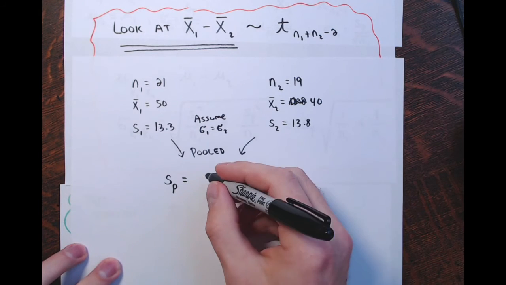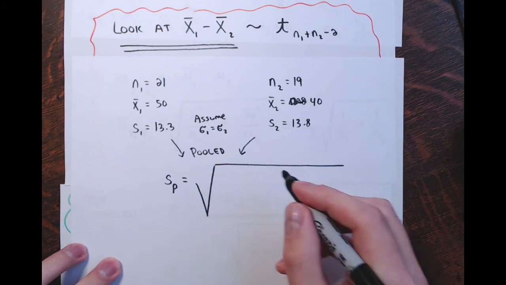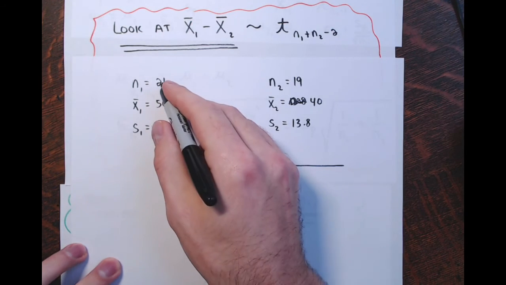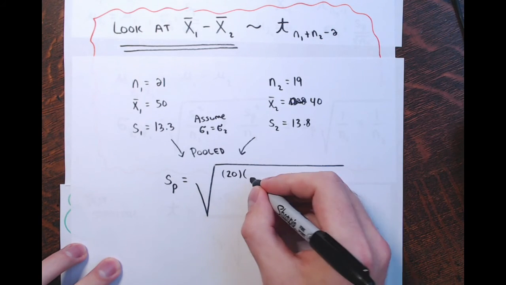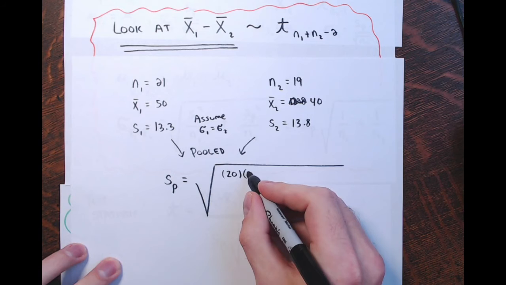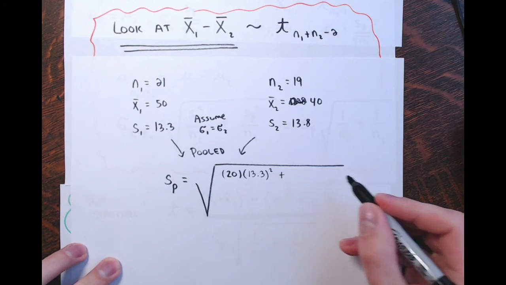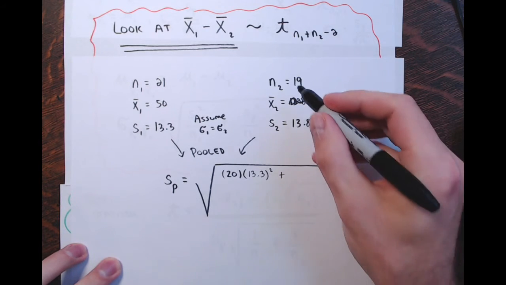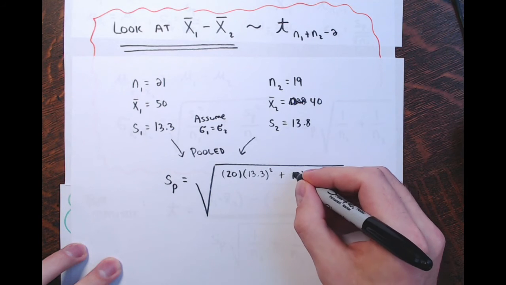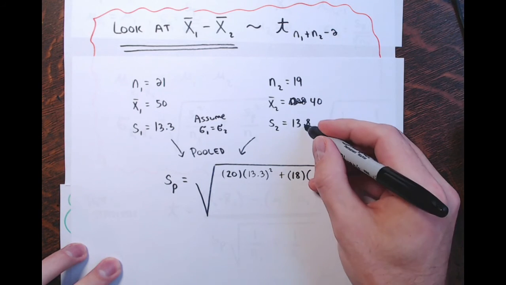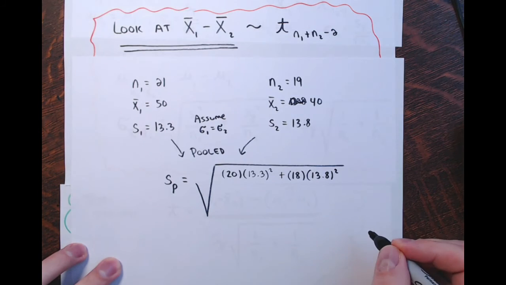Remember, this is the big square root of n1 minus 1, so 20, times s1 squared, so times 13.3 squared, plus n2 minus 1, 18, times s2 squared, so 13.8 squared.